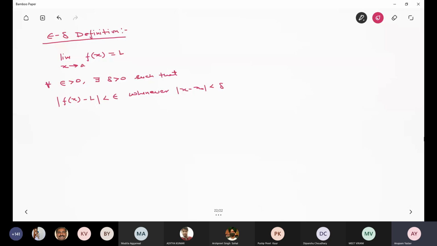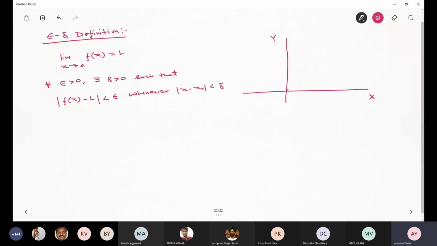So let me repeat this thing again. If I try to see how geometrically it is possible, if this expression is holding, then how come the limit exists, or we can have the limit. So suppose this is your y-axis and this is your x-axis, x and y.